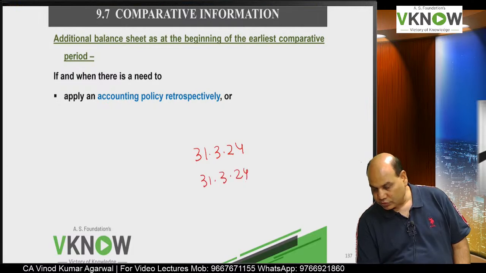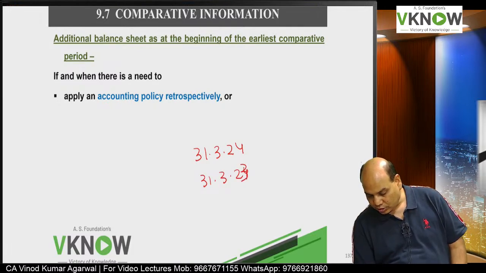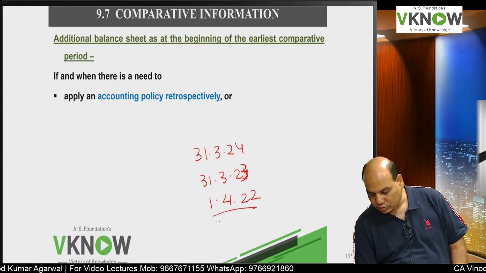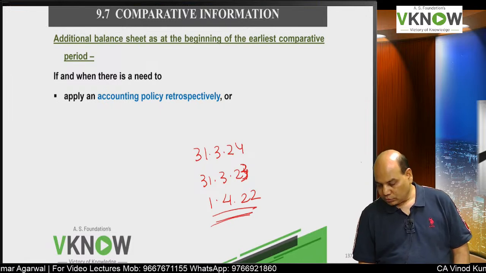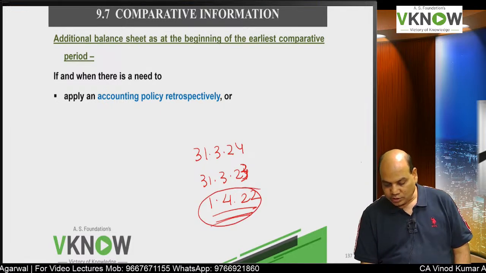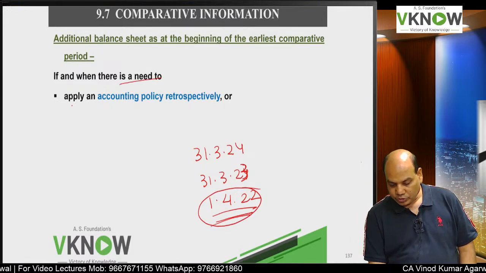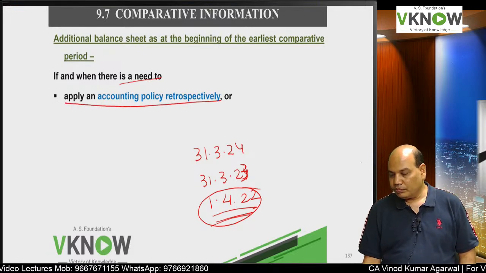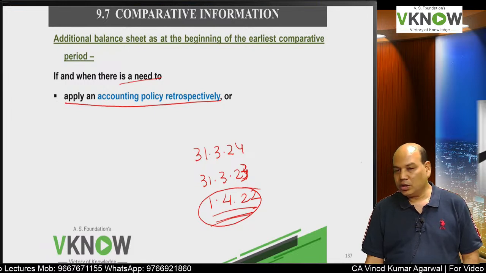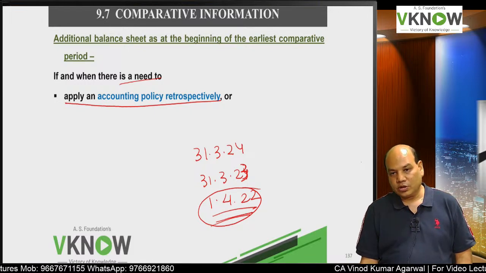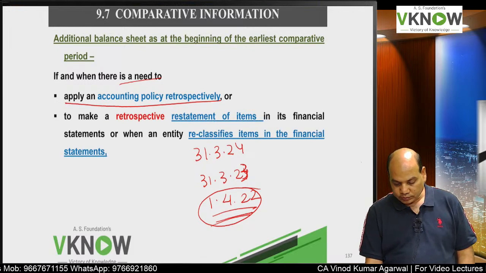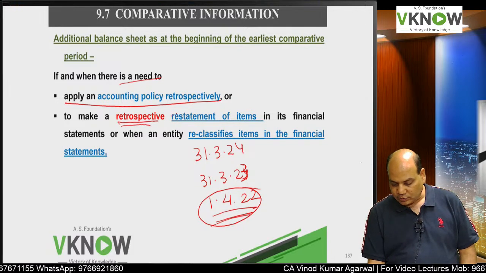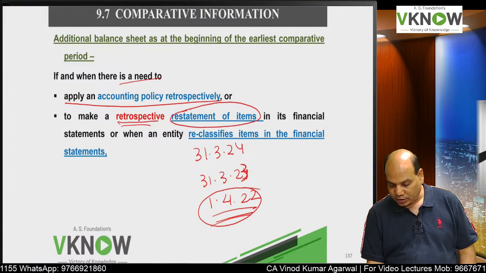Comparative will be 31st March 23, and the beginning of the earliest comparative period will be 1/4/22. This additional balance sheet is required only when, remember for your interview question and exam question, there is an application of accounting policy with retrospective effect, or, underline the word retrospective, to make a retrospective restatement of item in the financial statement.